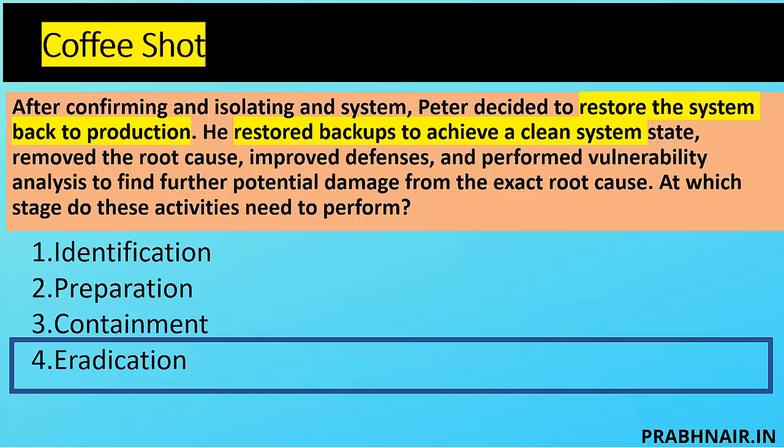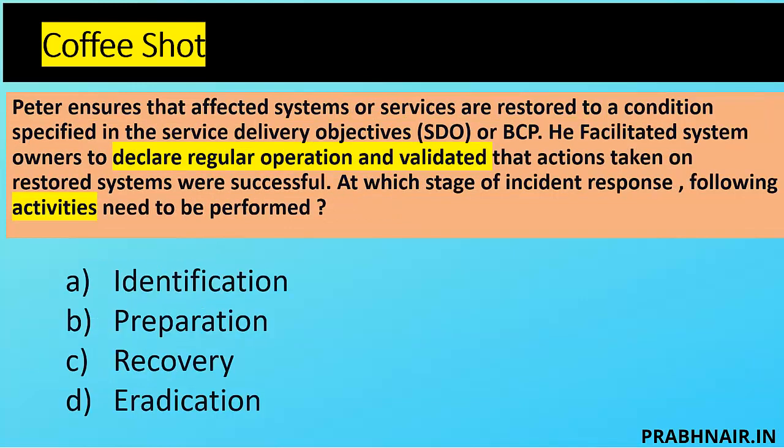Peter ensures that the affected system or service is restored to a condition specified in the SDO, defined in the SLA, meaning the service has been restored as per the MTD. He facilitates the system owner to declare regular operation when validating that the actions taken to restore the system were successful.